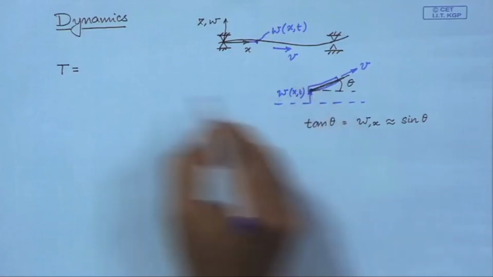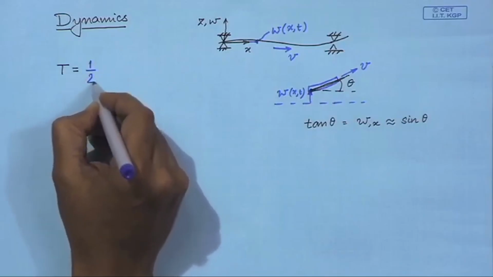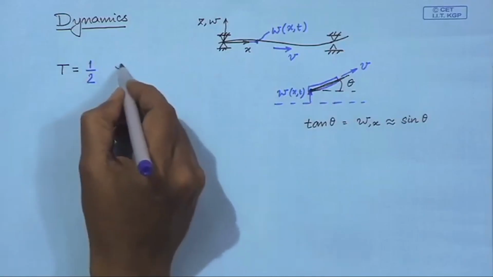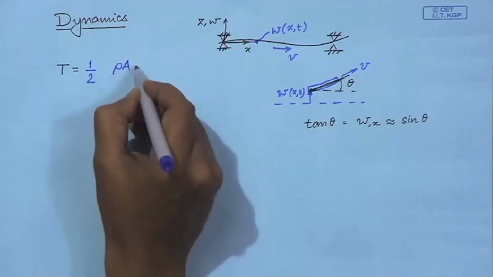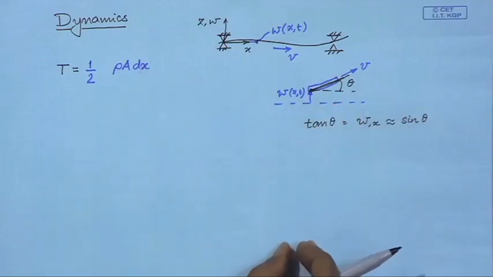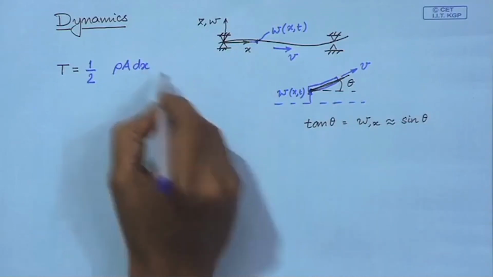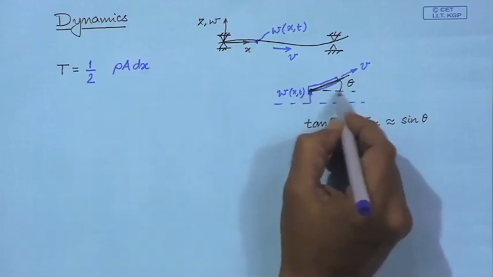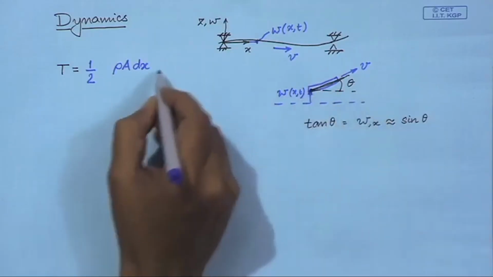Now, I can write this kinetic energy as half rho A dx, which is the total mass of this little element, times the velocity squared. It has got velocity not only in the transverse direction, but also in the horizontal direction.